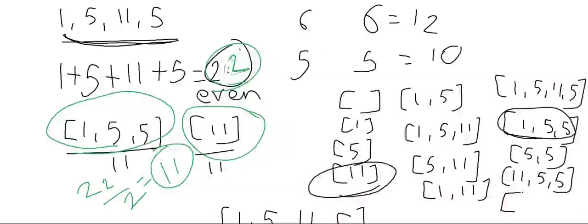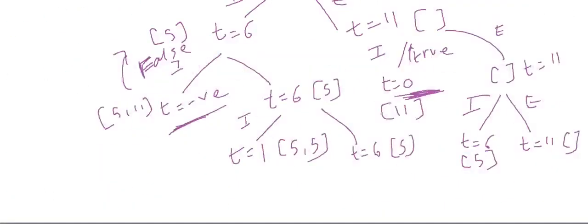So now if you look here, let me just change the color and show you. If you look here, this and this problem are the same. They are overlapping subproblems. So we already know that we are doing recursion, we have overlapping subproblems. So we can do dynamic programming here.